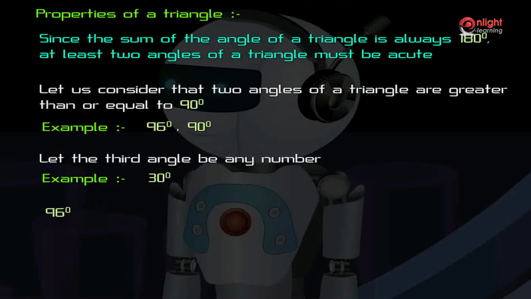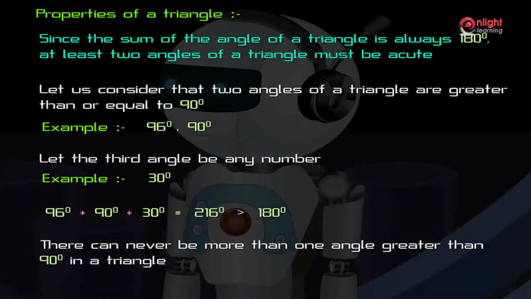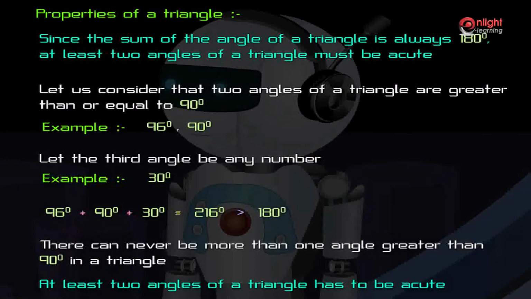Now summing up the angles, we observe that when 2 angles are greater than or equal to 90 degrees, the sum of the angles always becomes more than 180 degrees. Hence, there can never be more than one angle greater than 90 degrees in a triangle. In other words, at least 2 angles of a triangle has to be acute.